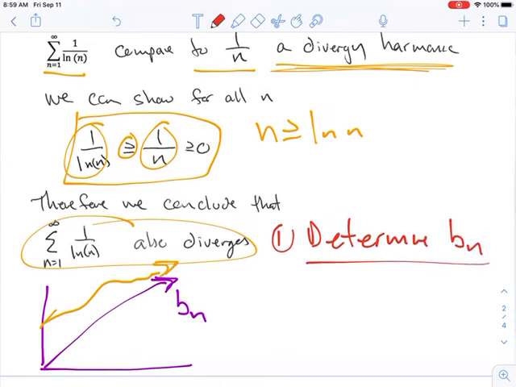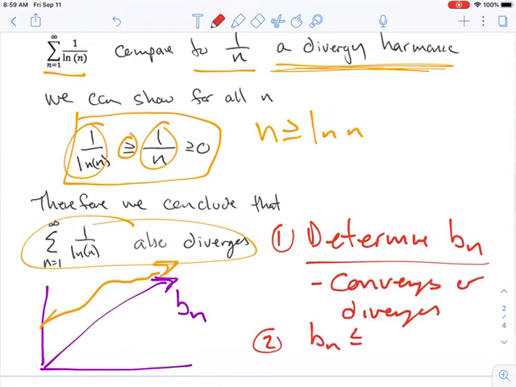Determine if it converges or diverges. And then the next thing you need to do is determine whether b sub n is less than or equal to a sub n, or a sub n is less than or equal to b sub n.